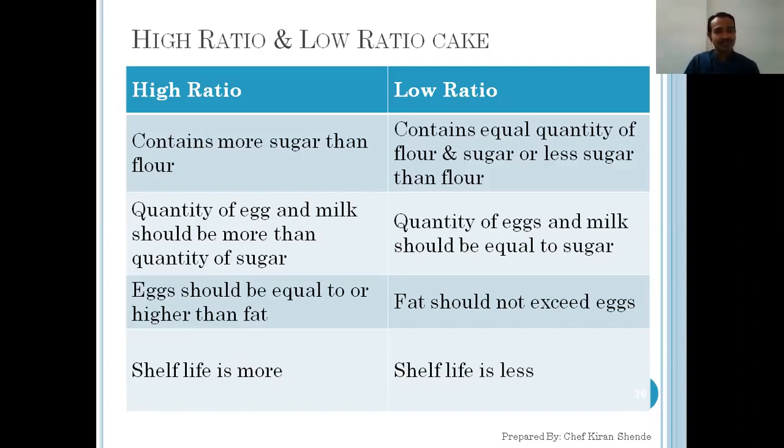In a high ratio cake, eggs should be equal to or higher than the fat content, whereas in a low ratio cake, the fat should not exceed the amount of eggs. The shelf life of a low ratio cake is less, whereas the shelf life of a high ratio cake is more. Why? Because sugar is a natural preservative.